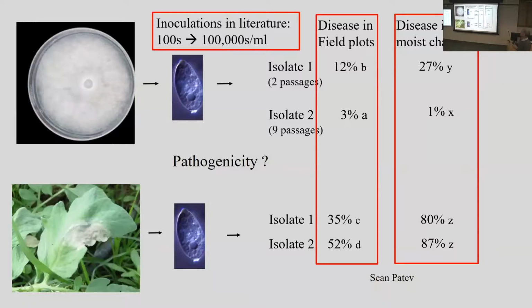It's interesting to me to note that for inoculations that are done in the literature, the concentration of sporangia in a medium can have a 3 orders of magnitude difference. Sometimes there are hundreds of sporangia per mL, particularly from our lab. And sometimes there are 100,000, 200,000, 300,000, 400,000, 500,000 sporangia per mL in inoculation.